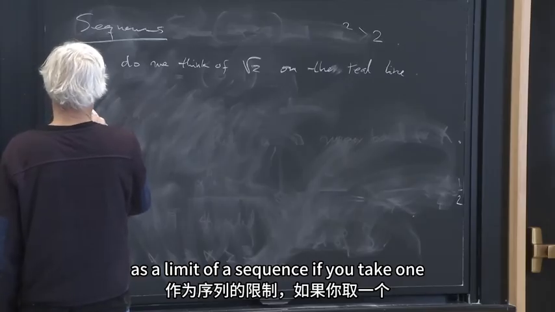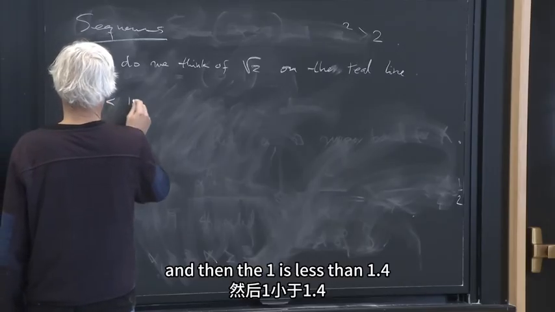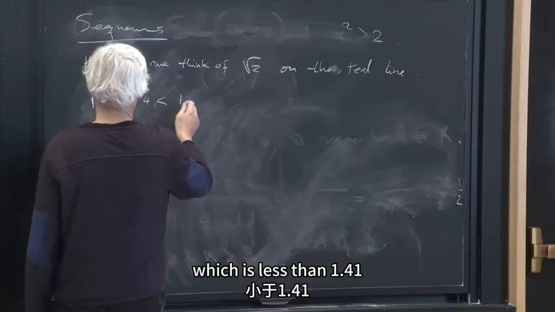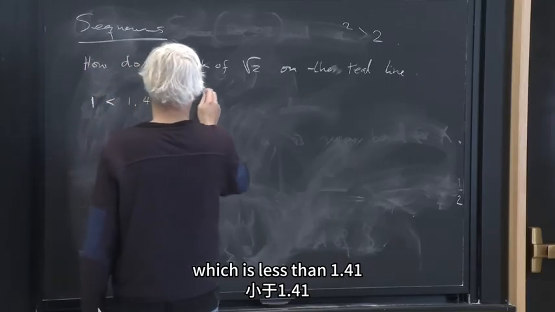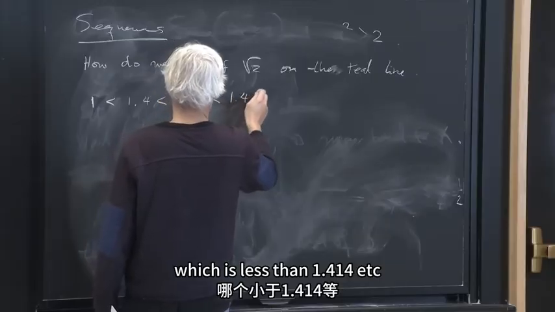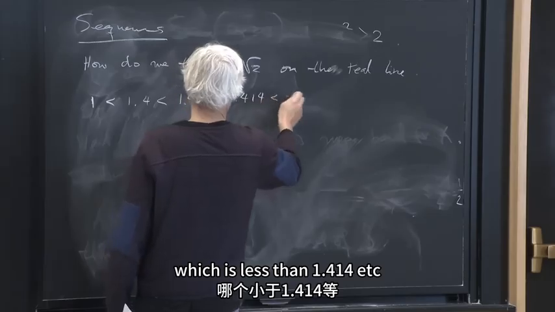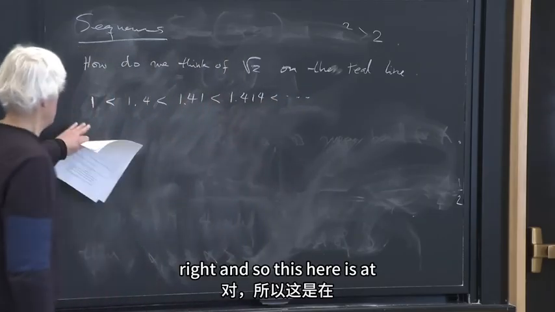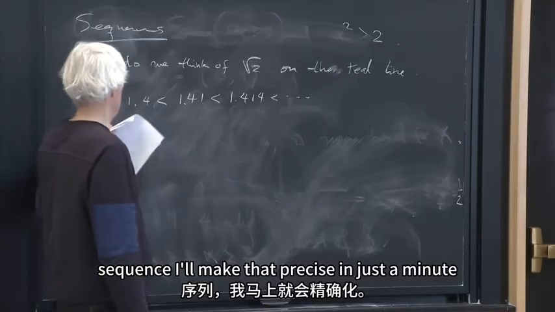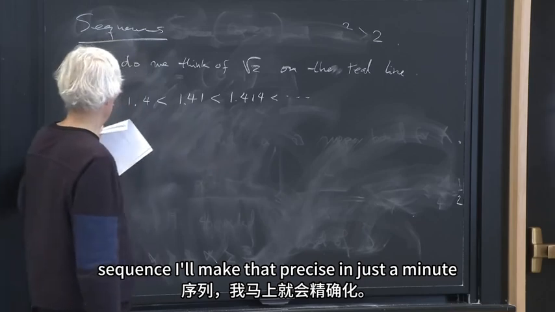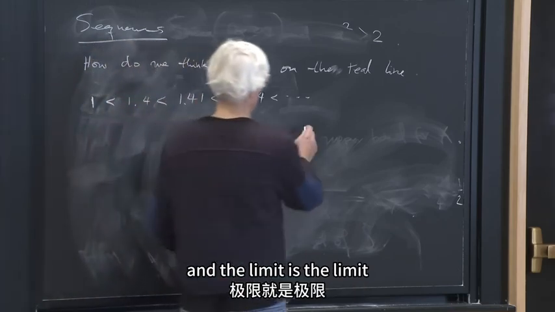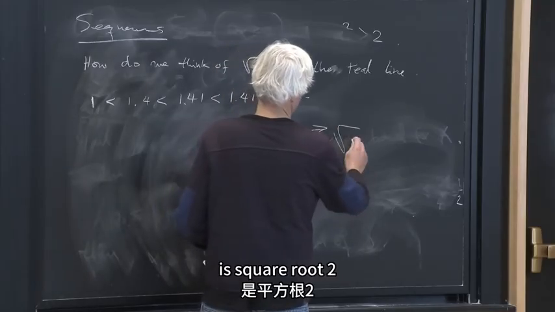If you take 1, which is less than 1.4, which is less than 1.41, which is less than 1.414, etc., this is a sequence, an increasing sequence of numbers, and the limit is square root of 2.